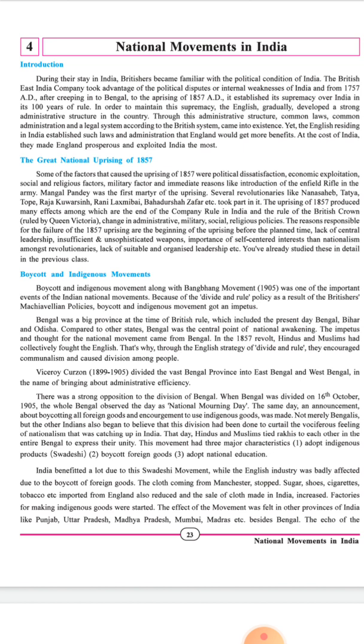He divided Bengal giving a false reason, the reason of improving administration. The people opposed this division strongly, and the whole of Bengal observed a national mourning day.